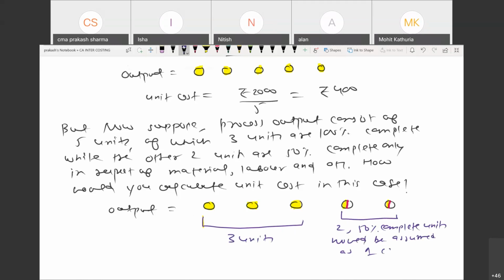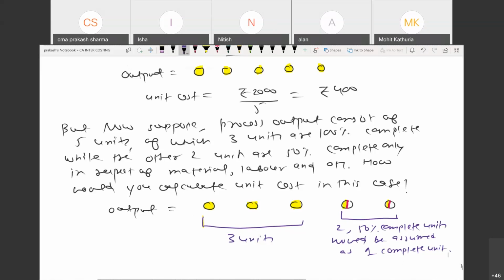one complete unit. बताइए sir, whether this point is clear to you or not. 3 units are 100% complete. Remaining 2 units are only 50% complete. So I would say that 2 halves makes 1. 2 halves make 1. बताओ बेटा, 2 आधे एक के बराबर होते हैं. ये पॉइंट क्लियर है या नहीं बेटा? 2 halves would make 1. बताइए क्लियर है या नहीं?